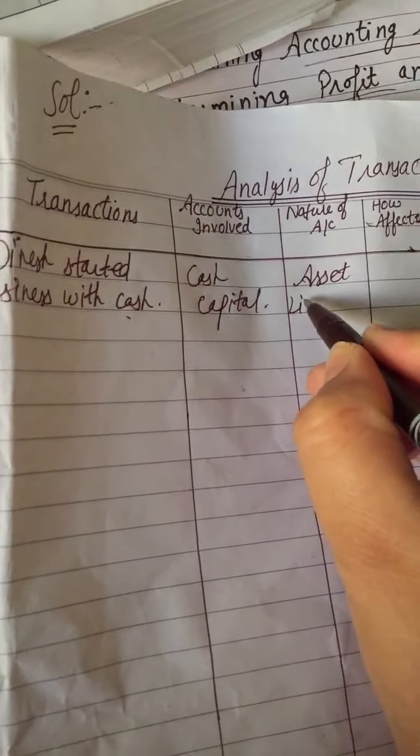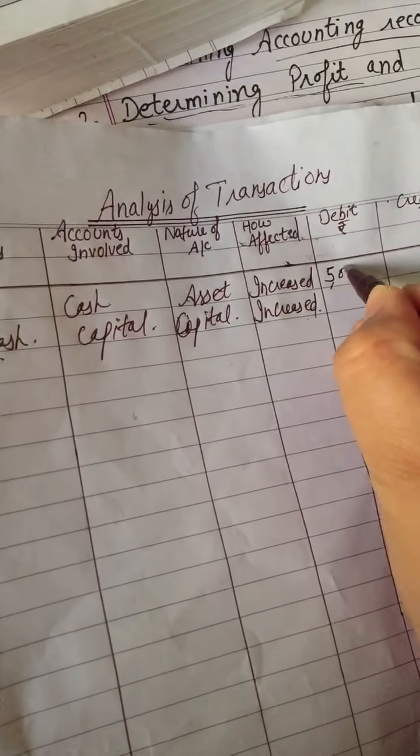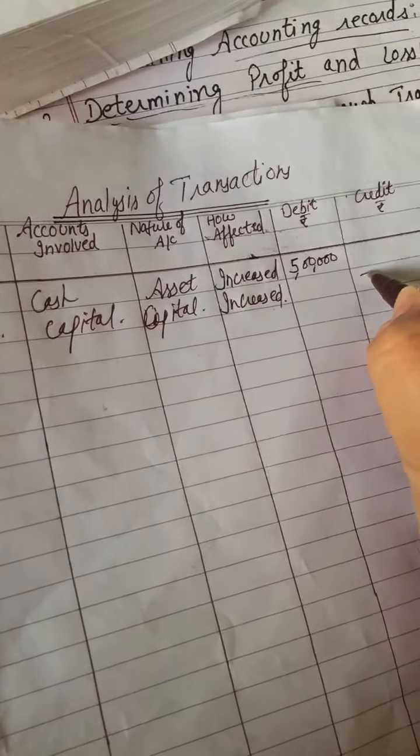And how affected means cash is increased and also capital of the proprietor is increased, and it will be debited by the amount of 5 lakh rupees and credited also 5 lakh rupees.